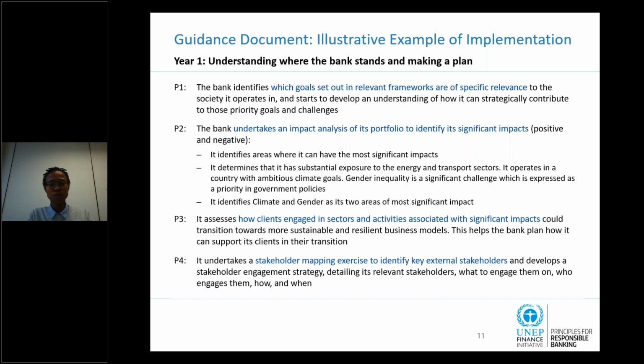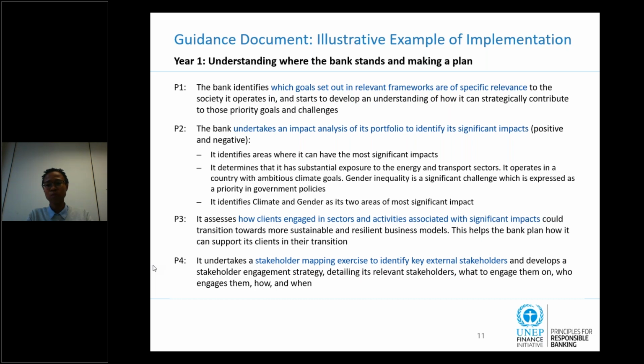You will note that for principle number 2, there's a very strong emphasis in these sets of principles on impact, and we start off with undertaking an impact analysis of our portfolio to identify the significant positive and negative impacts.